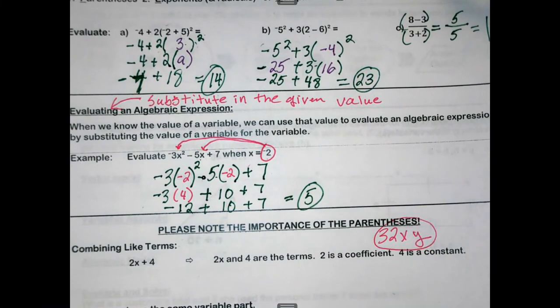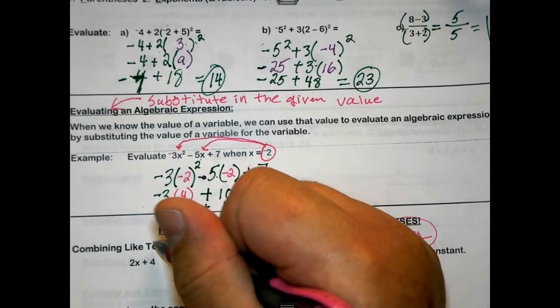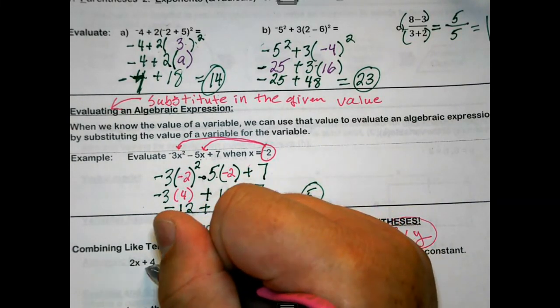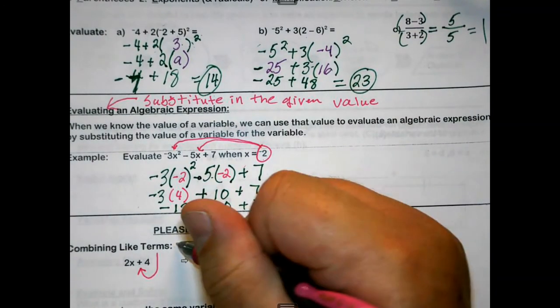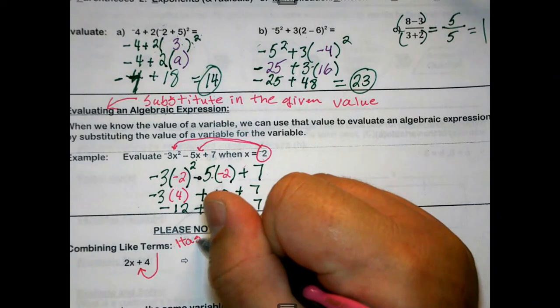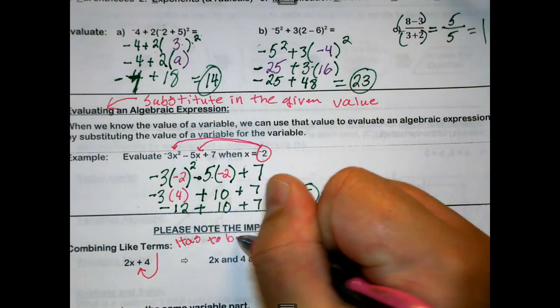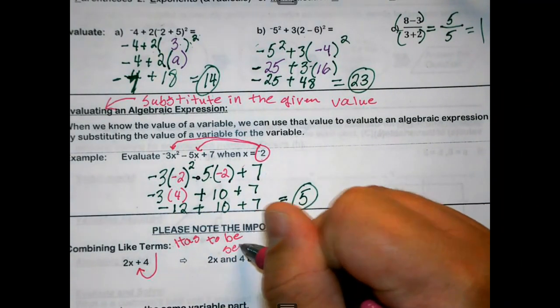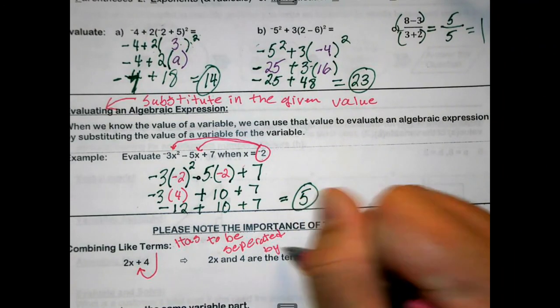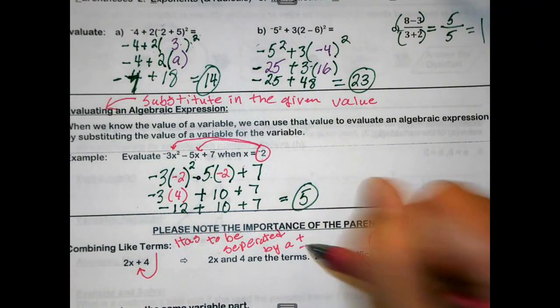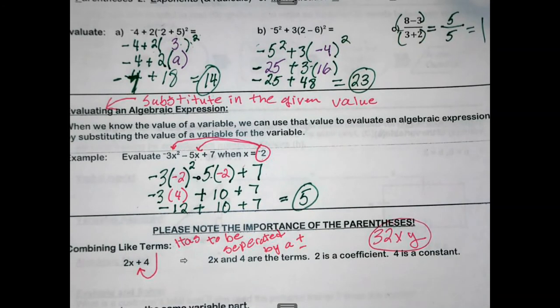A term has to be separated by a plus or a minus. See, there's no plus or minus here, so it's one term.